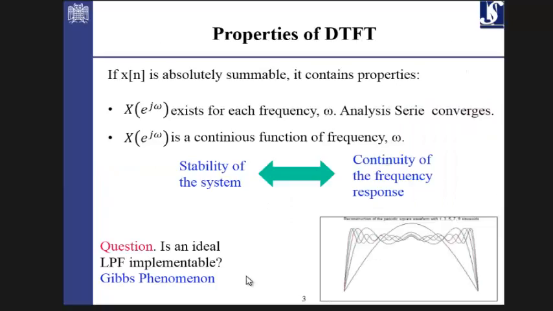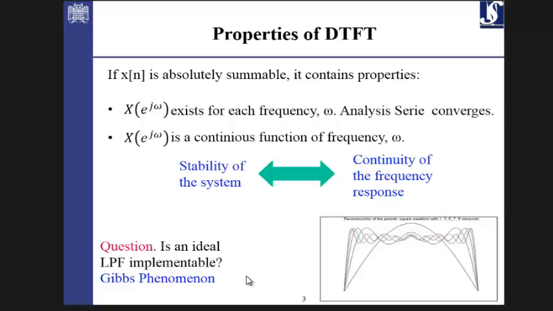So we talked about the properties of the Fourier transform, how can we get the Fourier transform for a kind of signal, and we saw that if the signal is absolutely summable, which means that it's convergible, then we have two properties, and the result of these two properties comes up with the idea of having the frequency or the Fourier transform for a signal or not.